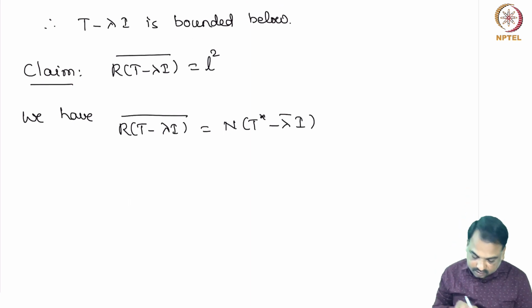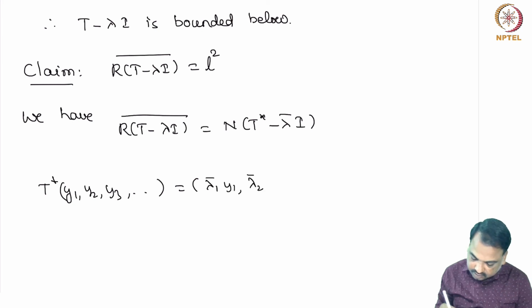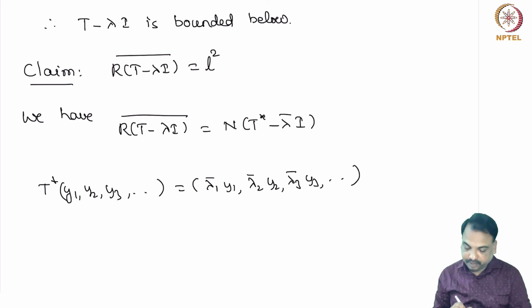Now what is T star? T star of (y1, y2, y3, ...), we have already seen, is exactly (lambda_1 bar y1, lambda_2 bar y2, lambda_3 bar y3, and so on).